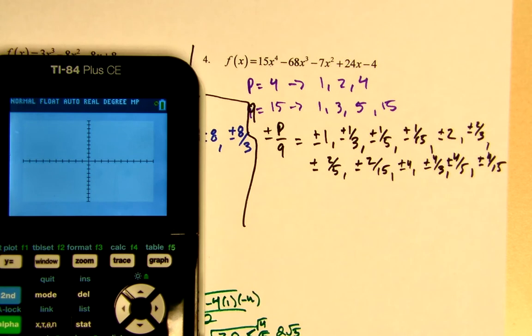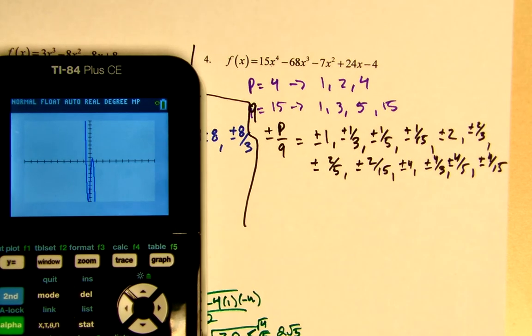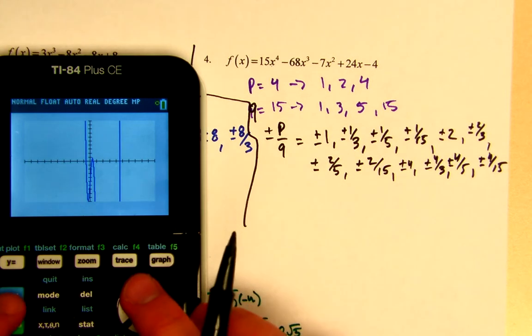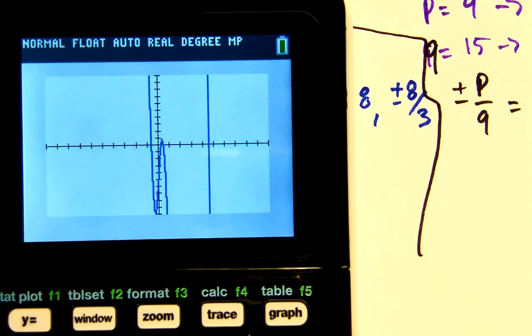And again, we're looking for anywhere it may cross here. So I might actually have to look even closer at this graph carefully.